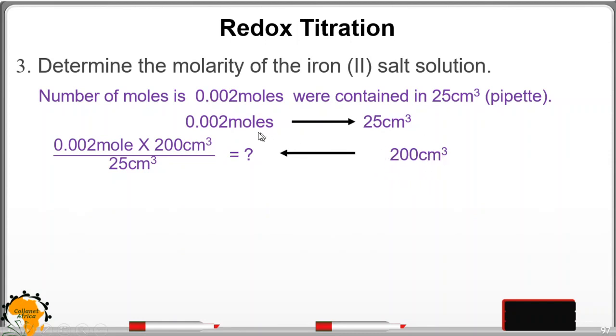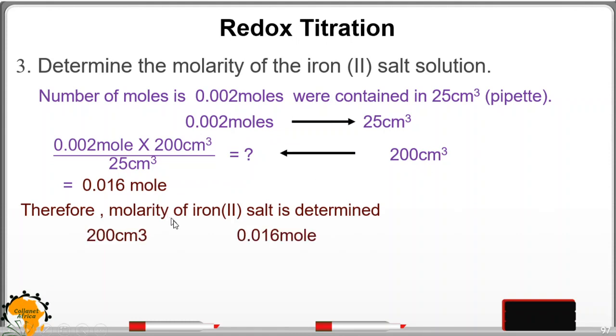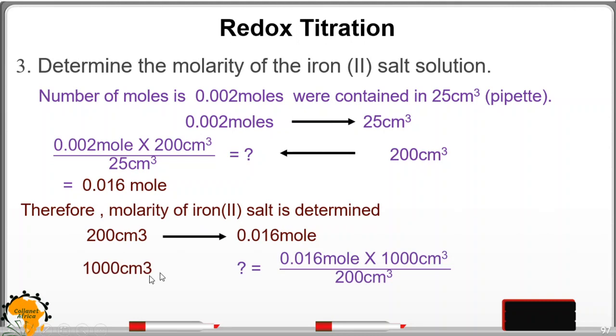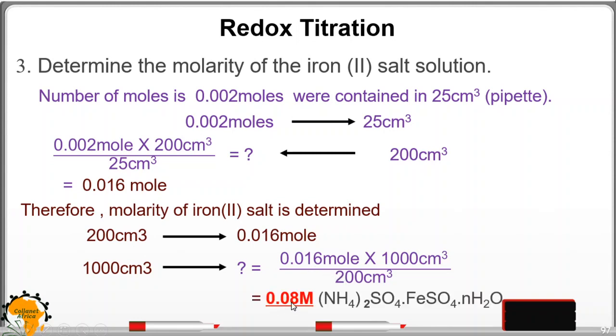So we first establish the number of moles in 200, and to get the molarity, we ask ourselves, what about in 1,000 cm³, because molarity is always in 1,000. We do a cross multiplication to get 0.08 M of the salt.